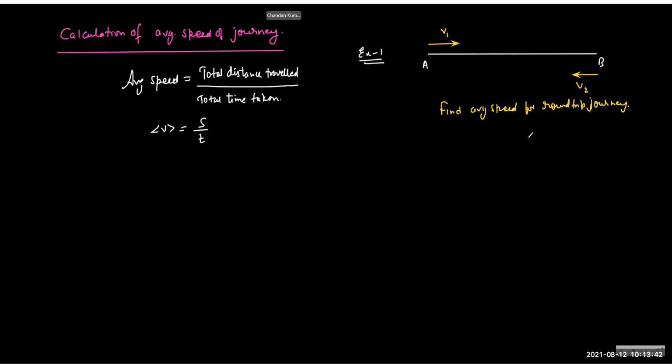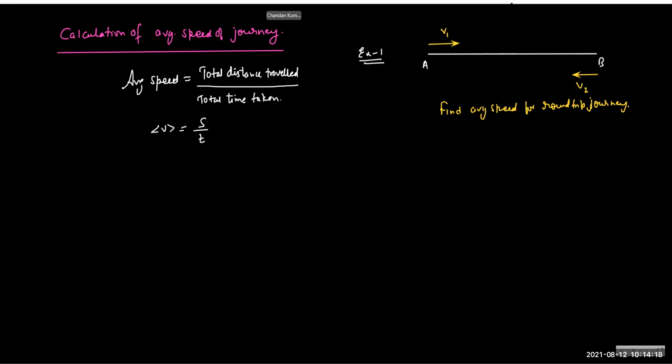Distance is also not given, so you can assume some value. Let's call AB as S or X, whatever. It will be 2x by x by v1 plus x by v2.